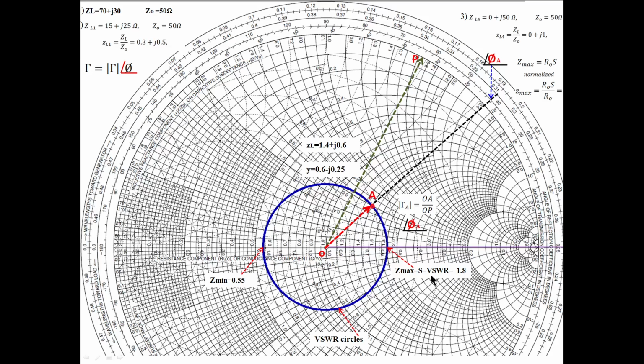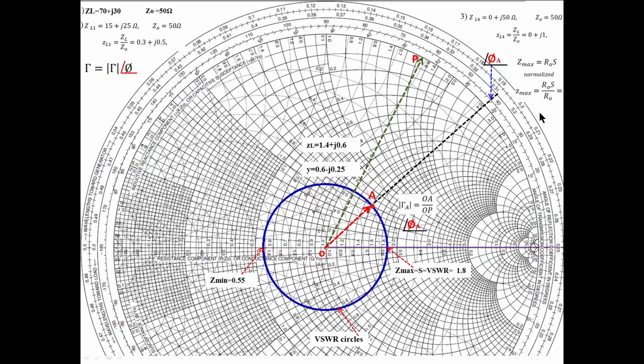So our value Z maximum is 1.8. To get an actual value, multiply this by Z naught. 1.8 multiplied by Z naught, we will be getting the actual value. So maximum impedance at a V maxima is 1.8 multiplied by Z naught. This is a normalized impedance.